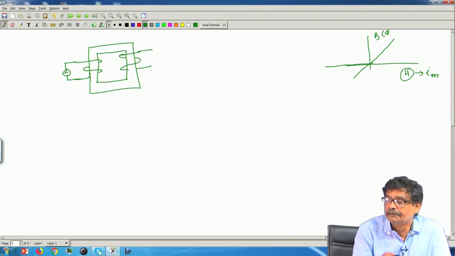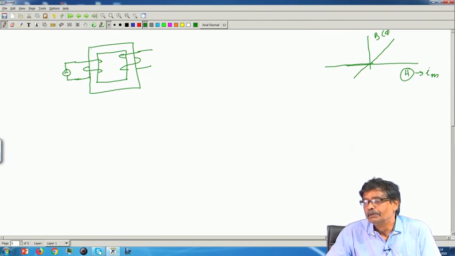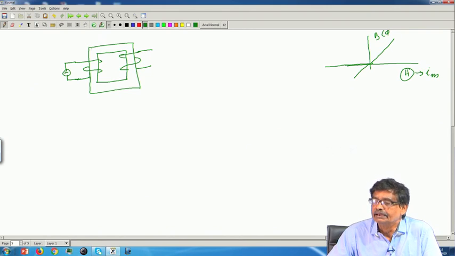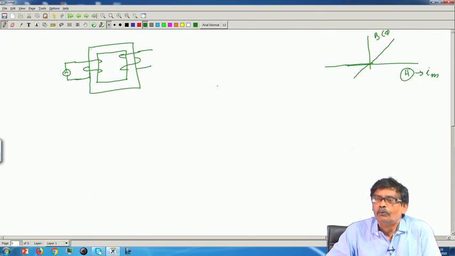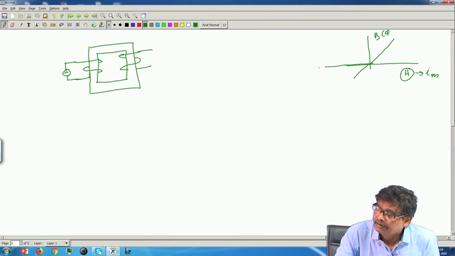Now I will examine two things. Suppose the flux in the core of the transformer is sinusoidal, what will be the nature of the current?